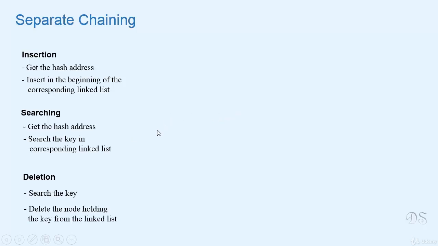If the distribution of keys is uniform, it has been shown empirically that the average number of keys per chain is roughly proportional to the load factor. So on an average, the list length is equal to the load factor. We have seen that the load factor is defined as a ratio of number of records and the size of the table. In case of unsuccessful search, we have to go to the end of some list. So we'll have about lambda comparisons.